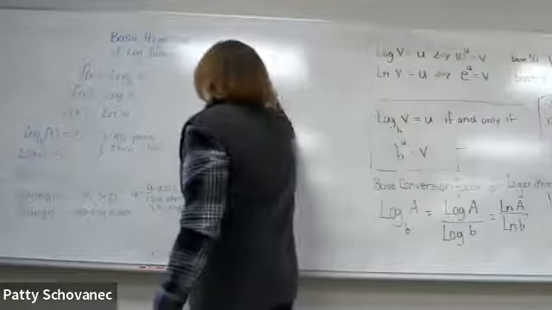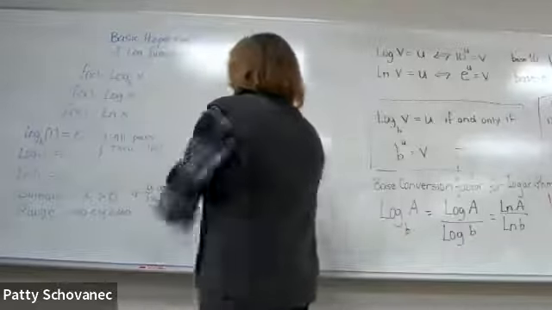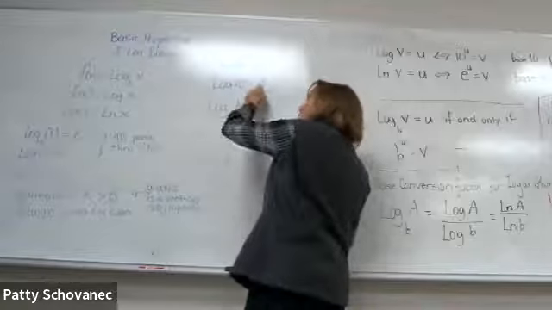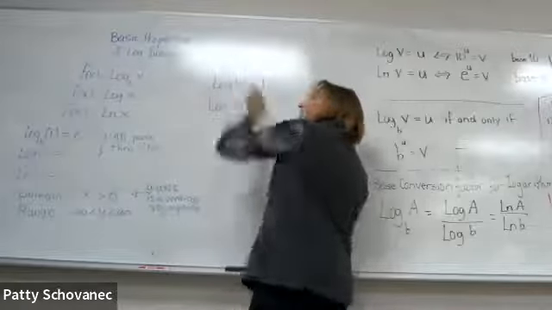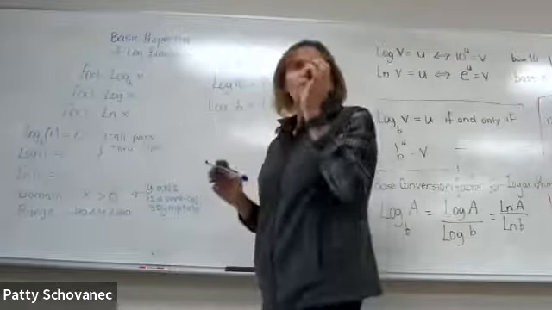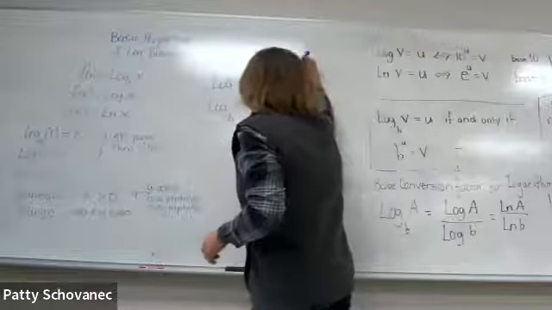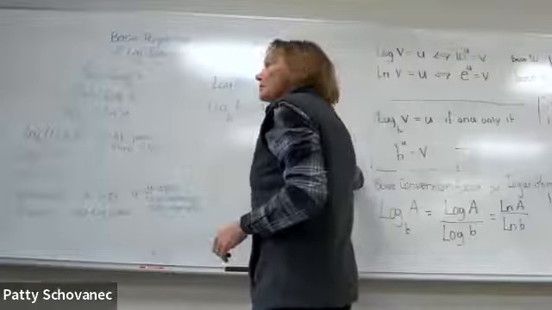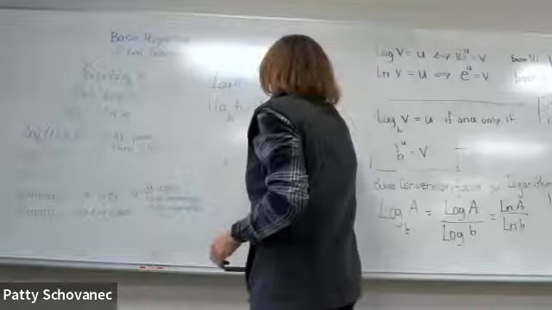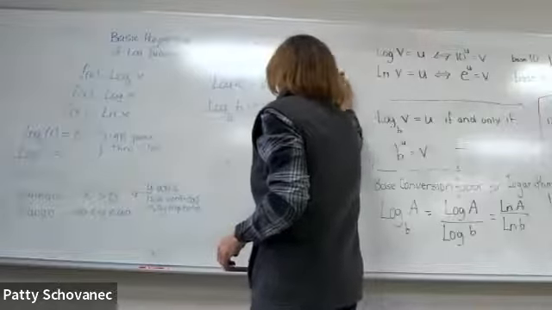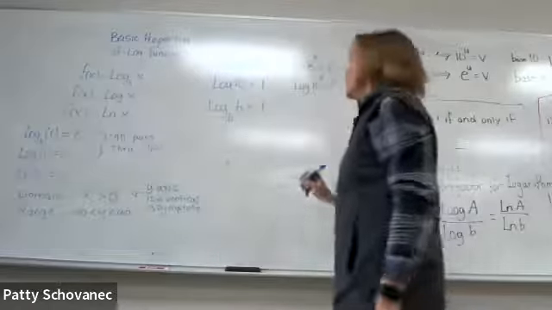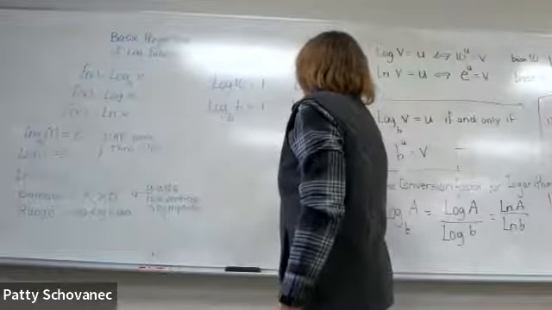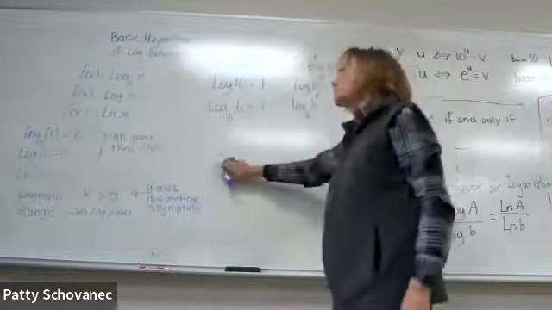Because it gives us the exponent that goes on the base to give us those numbers. b to the 1 is b, 10 to the 1 is 10, e to the 1 is e. So we can write the more general version of this as the natural log of e to a power is whatever the power is. The log base 10 of 10 to a power is whatever that power is. And the logarithm base b of b to a power is whatever that power is.